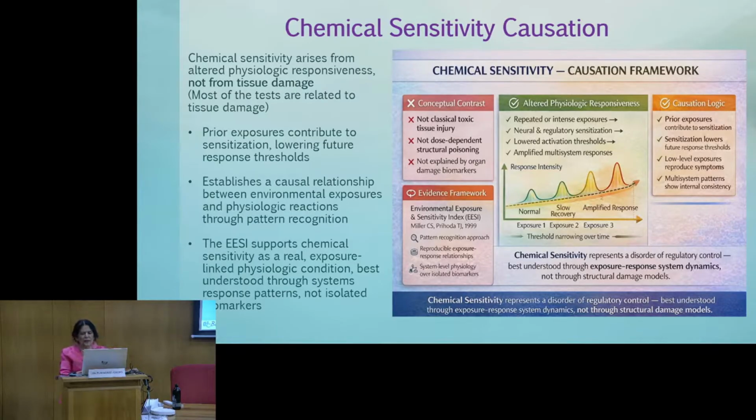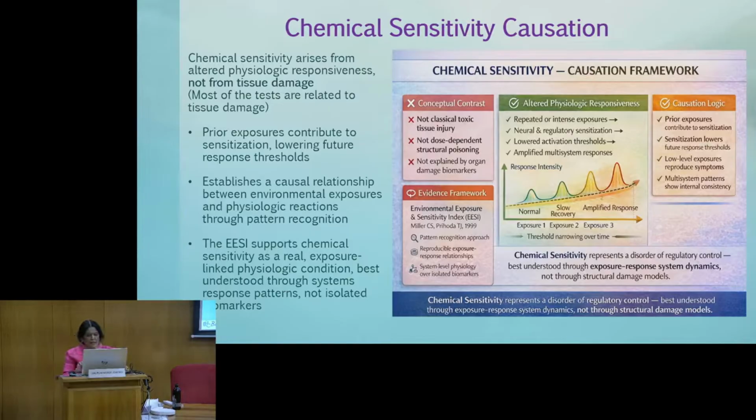So in summary, prior exposures are essential to contribute to sensitization. And once the sensitization occurs, there is a lower future exposure threshold. And this low-level exposure can keep on reproducing symptoms, as it is shown there, with a normal, slow recovery and amplified response.